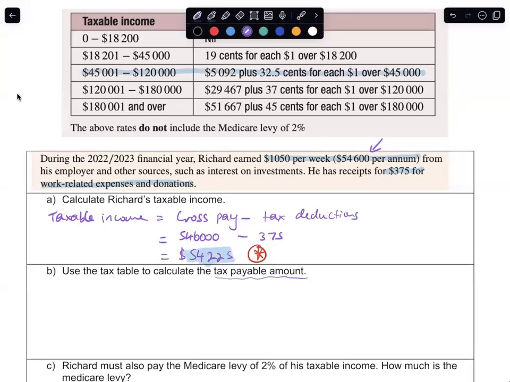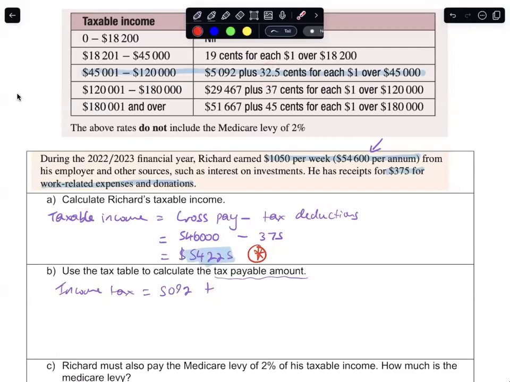To calculate the income tax, or tax payable, I usually write income tax just to help me differentiate it, because there are lots of times that we use tax in a question. It's equal to the rule. You'll notice that it initially says $5,092. So we calculate that 5,092 plus, if you remember from our last example, 32.5 cents.